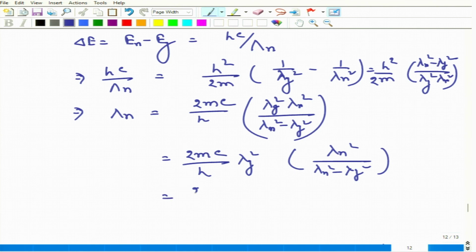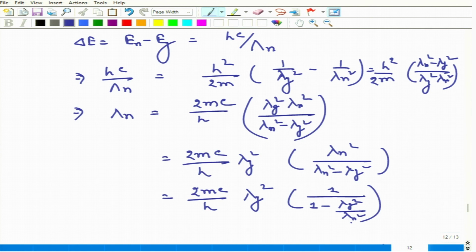So it should be 2mc divided by h lambda g square. If you divide it, it will be 1 divided by 1 minus lambda g square divided by lambda n square, so we can write it just as the inverse.